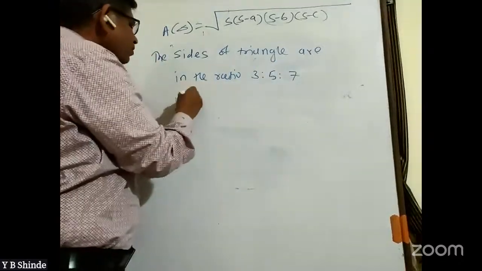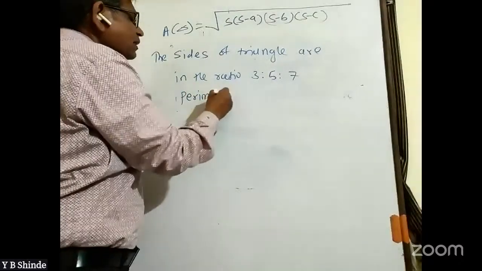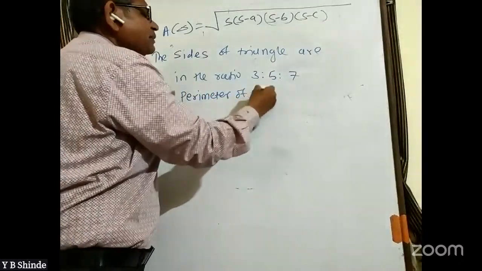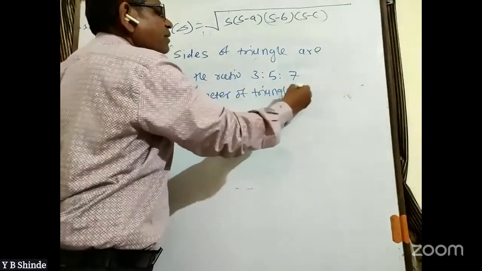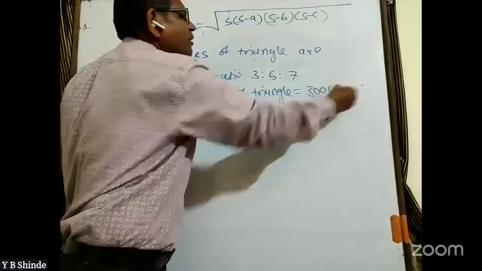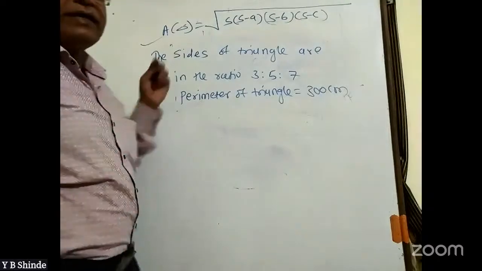And the perimeter of triangle is 300 centimeter. And in this case, you have to find the area.